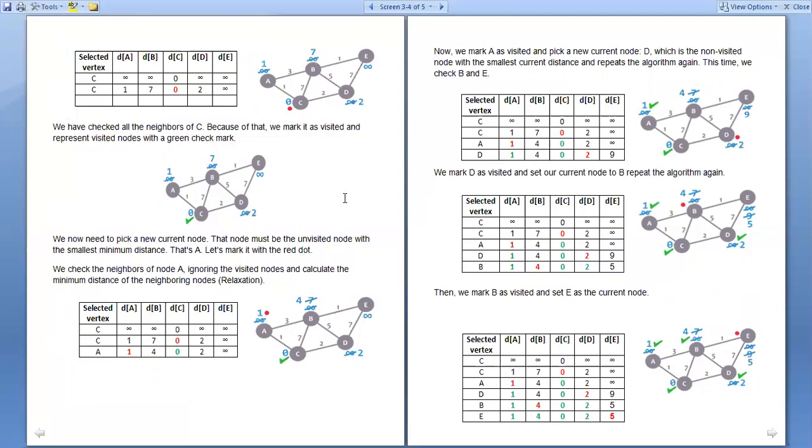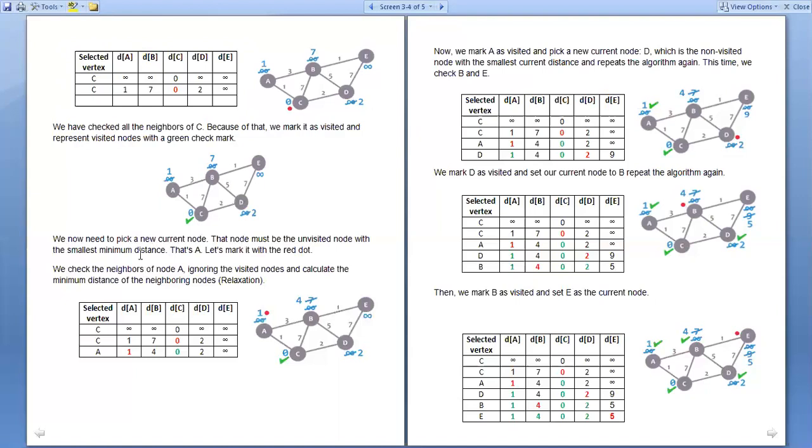If we visit all the neighbors of C, we can say that C is visited, and the visited node is checked by the green mark. So this is the status of the graph: C is already visited and C has relaxed the neighboring vertices A, B, and D.